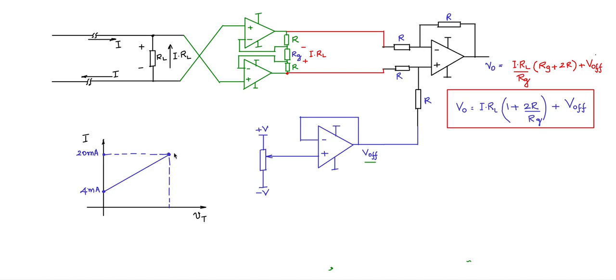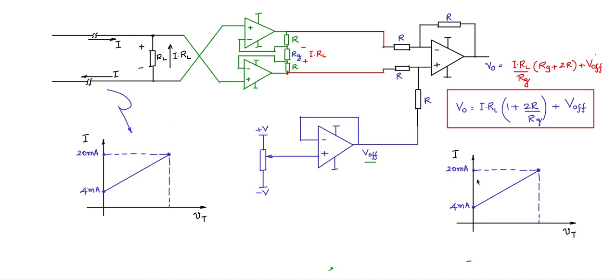So the relationship VT to I was like this. So let me copy and place it here. So at this point, if you look at this one, when you multiply it by RL, the relationship becomes in this fashion.